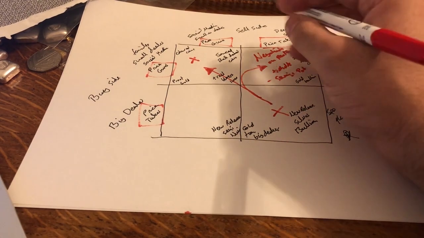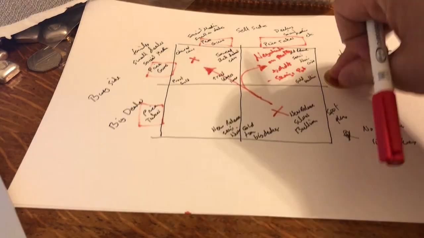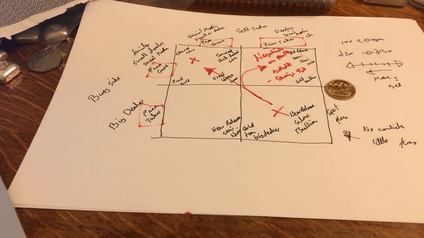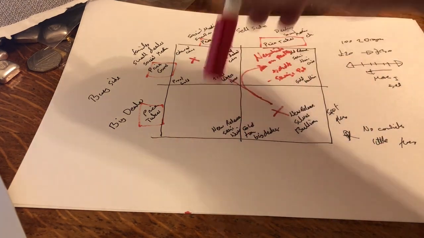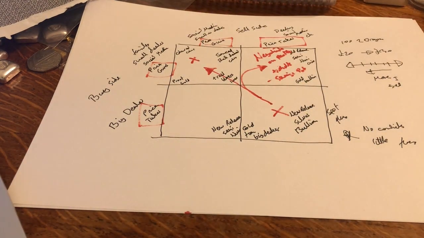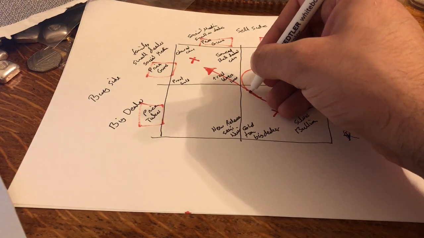So I will save in salts, because I know I can buy at enough of a discount. Okay, it's not a huge discount, but it's enough of a discount that if I need to liquidate, I've got enough room to sell and walk away, break even. And sometimes you do want to be here as well.